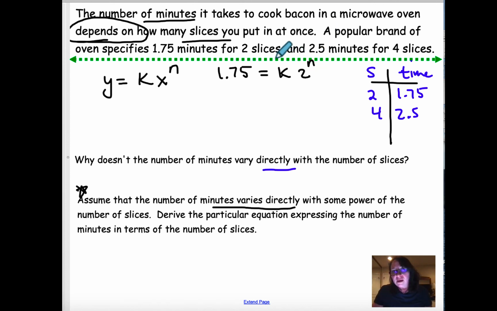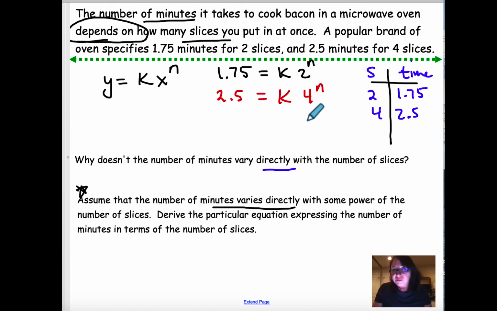I've got a k, that's an unknown, and an n, that's an unknown. Two unknowns. I need two equations. Thankfully, happy dance, we have 2 points. So the other point is going to be 2.5 equals k times 4 to the nth power. Okay, two equations, two unknowns.